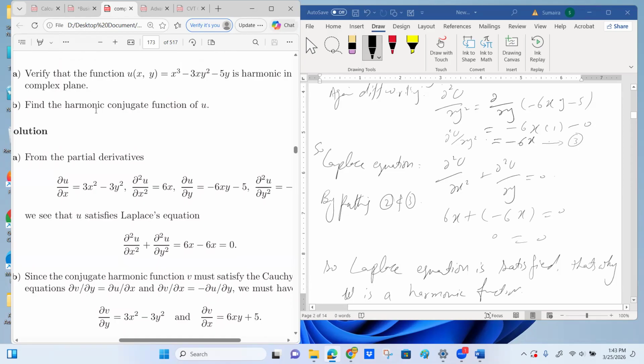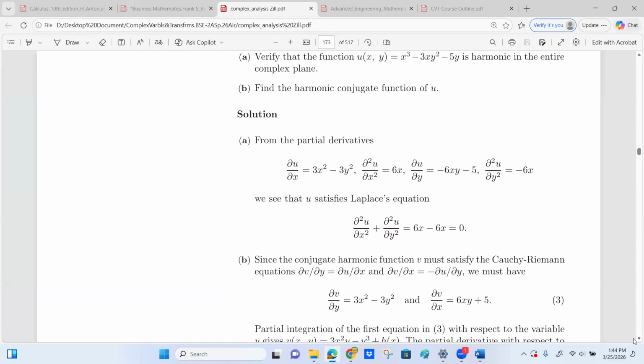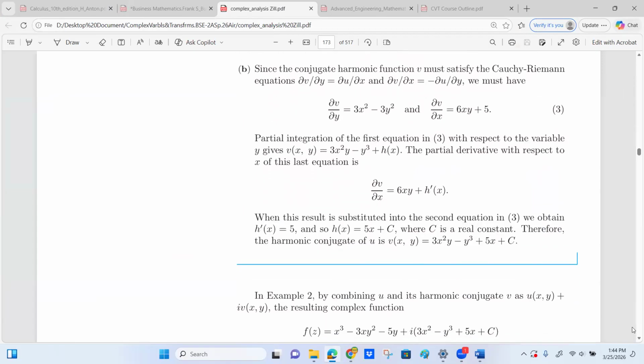Two things are asked here, the harmonic conjugate function V of U. Students, we satisfy the CR equations, and from the satisfaction of the CR equations we find the constant h of x, and then we find the function V, which would be the conjugate of U. I will show you this roughly in sketch form.